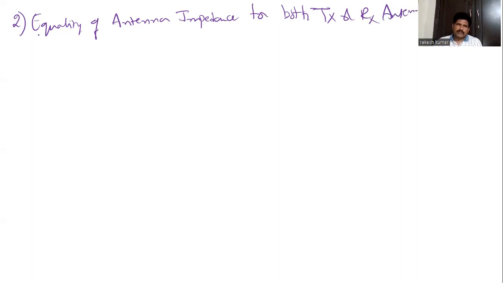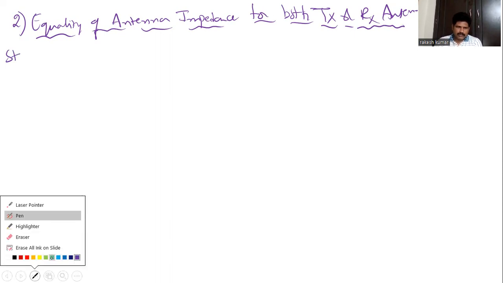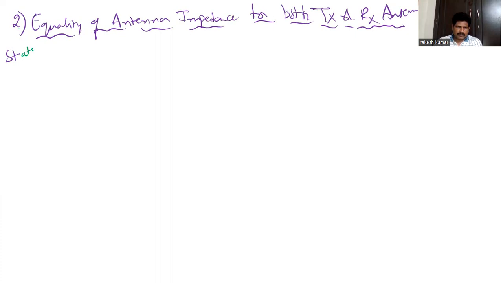So we will derive this. Equality of antenna impedance for both transmitting as well as receiving. Let us see the statement for this.